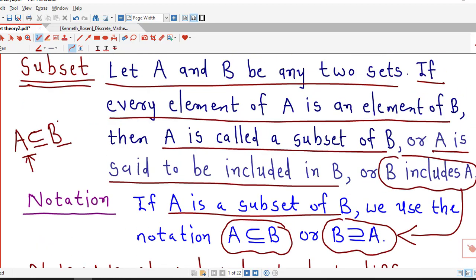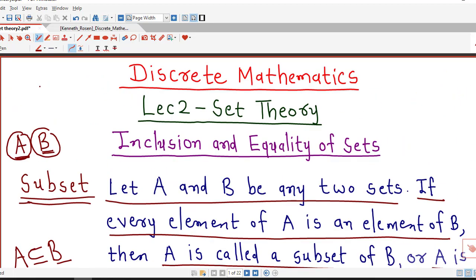Now we discussed in the previous lecture that if some element a is present in a set A, then we use this notation, which means that a is a member or an element of set A. If a is not an element of set A, we use the negated notation.